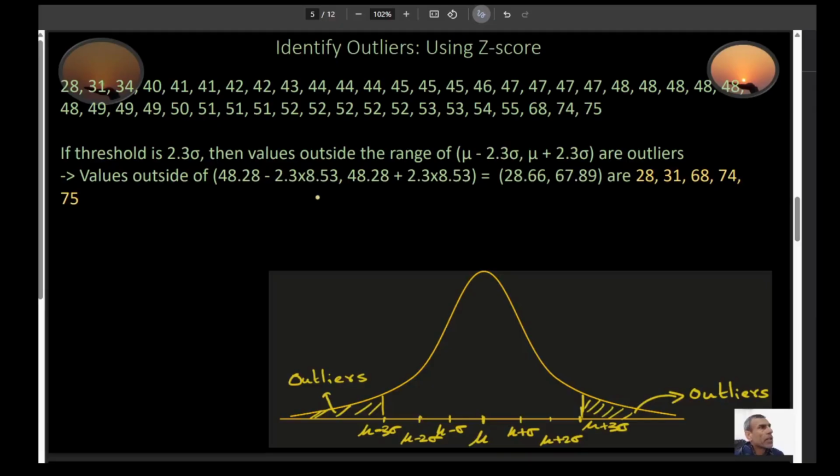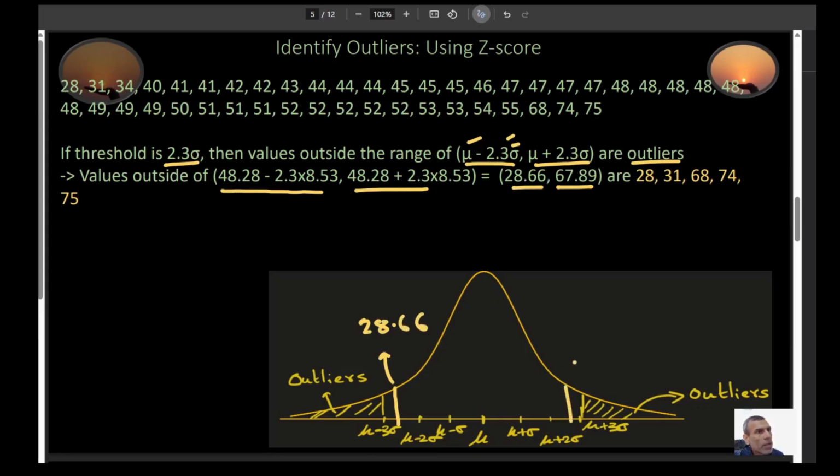On the other hand, if I choose my threshold to be 2.3 sigma, then the values outside the range of mu minus 2.3 sigma and mu plus 2.3 sigma would be my outliers. Well, substitute your values of mu and sigma in there, and the answer comes out to be 28.66 and 67.89. So my threshold would be something like this. This would be 28.66, and this would be somewhere over here, 67.89.